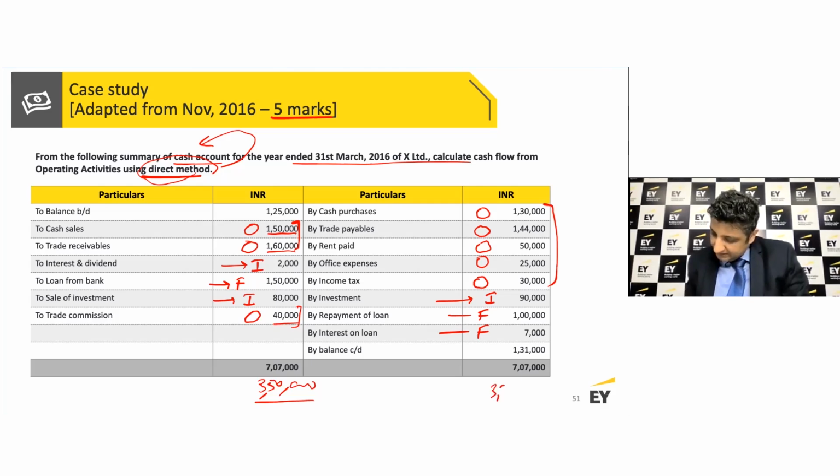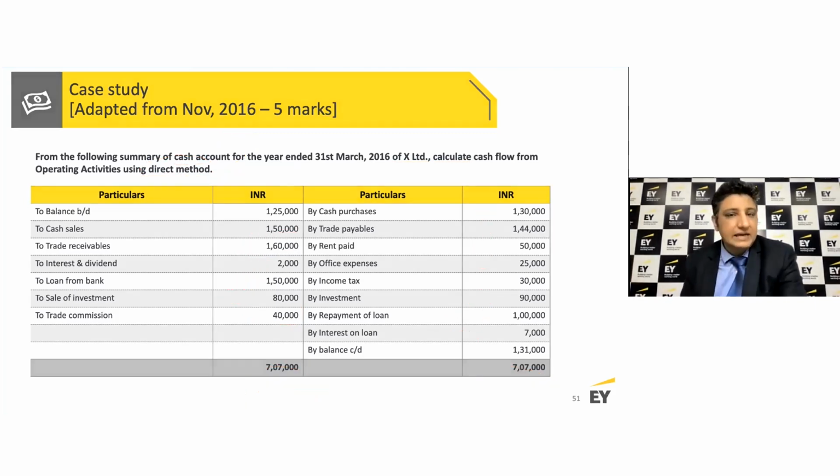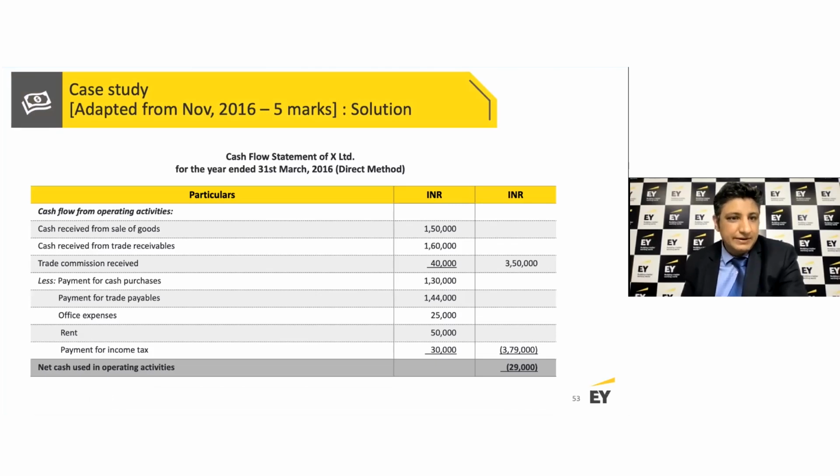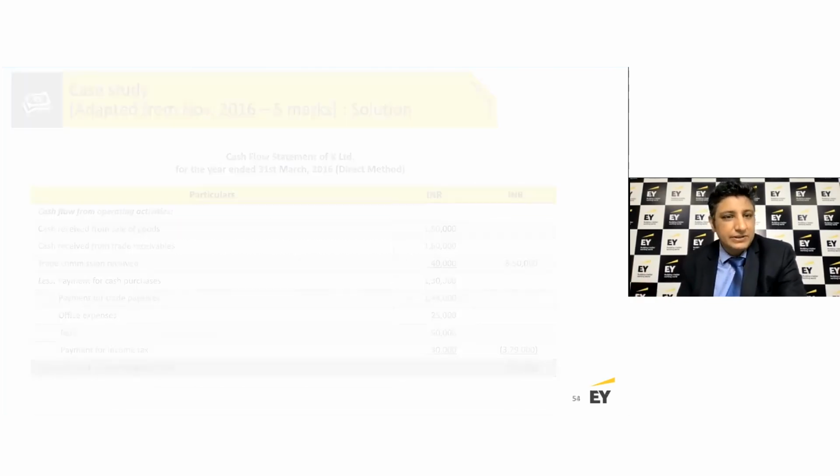So we are saying that my inflows are 350 versus my outflows, which are 379, which means that my net cash flow from operating activity is a negative 29,000. That's the way we are looking at the calculation here. A very, very straightforward question that you're able to find an answer on.